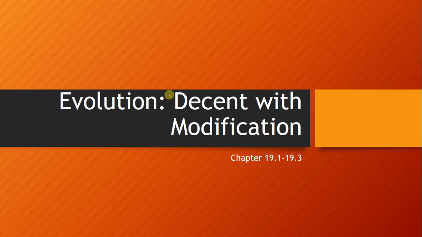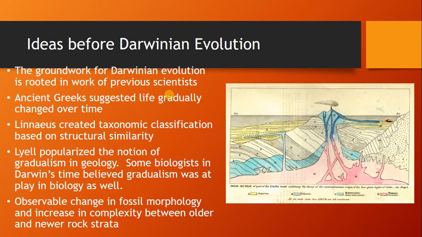But the first thing we really need to know to appreciate what modern evolutionary, or at least Darwinian evolutionary theory says, is to understand the ideas about how organisms changed, or how all the life forms on Earth developed, that were around before Darwin's idea, before The Origin of Species was published, because those ideas are going to be extremely important in finally formulating Darwinian evolution.